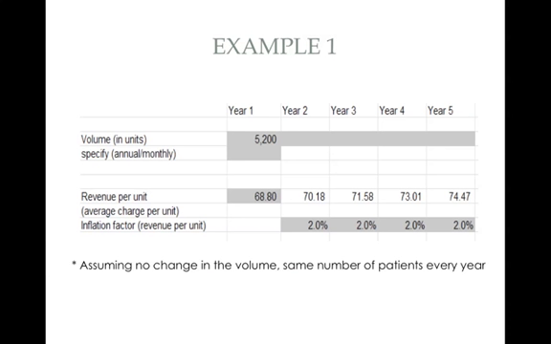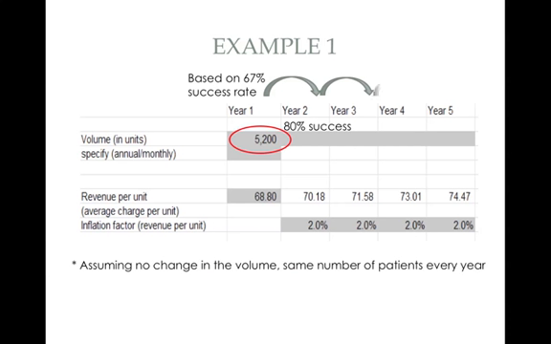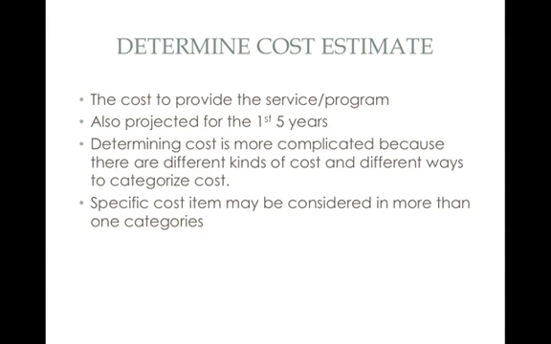If the hospital is at full capacity, which many in Hong Kong are, then no change in the volume of units would be seen for the next 5 years. However, revenue per unit would change as the antibiotics would be getting more expensive as per the inflation factor. Also, as physicians become more accustomed to the service, your success rates may also increase.